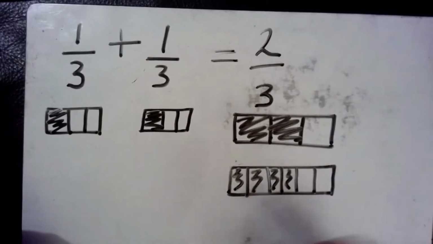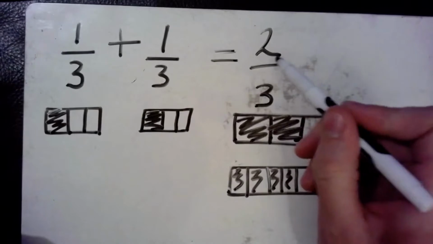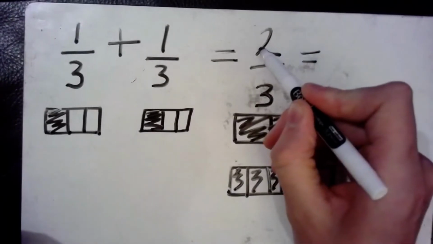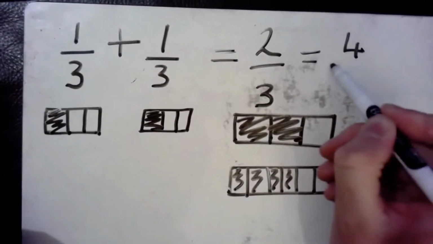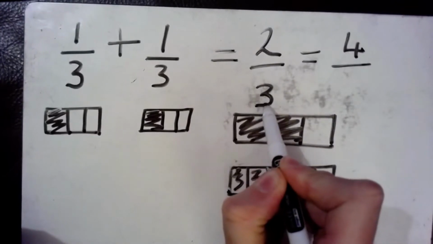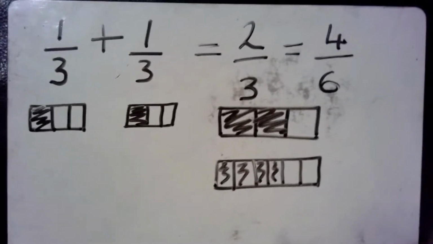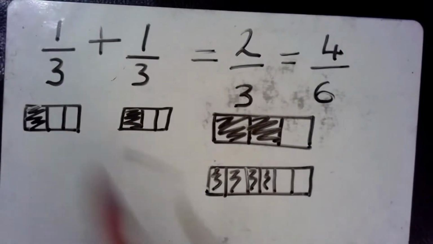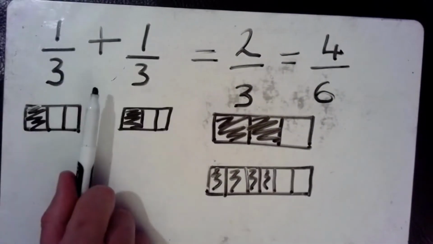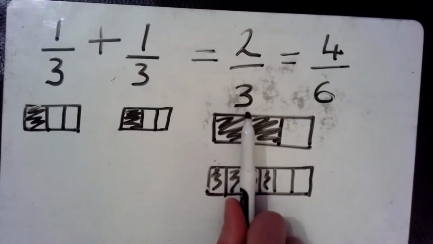If we think back to our fraction line, 2/3, I'm counting in 2's on the top, 2, 4, and 3's for the denominator, 3, 6. I know it's the same as 4/6. So what we're trying to do today is work out the addition, get an answer, and then find an equivalent fraction.